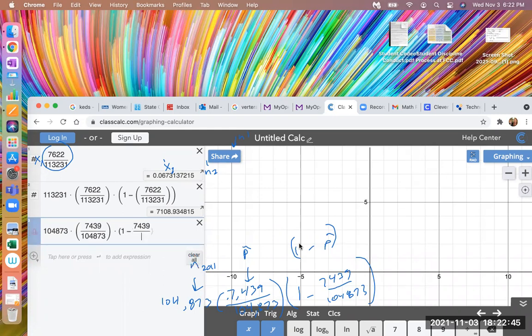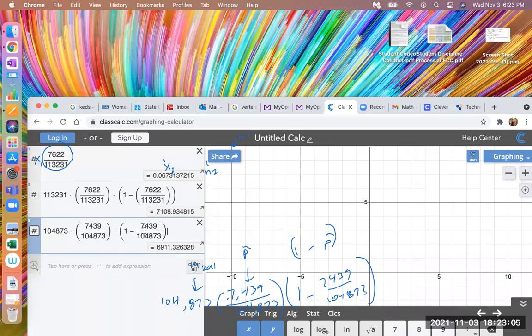Let's see if it does it. Okay, it does seem to be interpreting it correctly. So maybe we don't have to put an extra parenthesis in there, because I do see that it's not putting the 1 minus 7439 in the numerator all over 104,873. No, it's just putting the 104,873 in the bottom of the 7439 only. So I believe it is calculating correctly. So 6911.3 is the answer we want here.